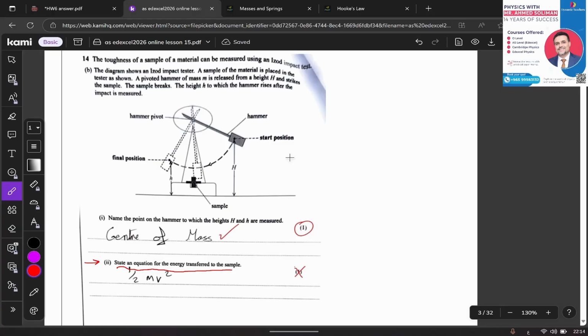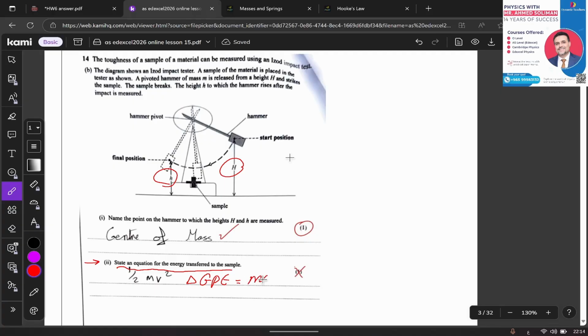mgh. Which h? This one or this one? In fact, it will be the change in gravitational potential energy. This is the change. This is the energy transferred, right? Converted to kinetic energy, in fact. But you have to write the equation describing that energy transferred.